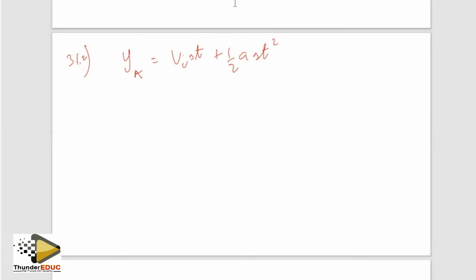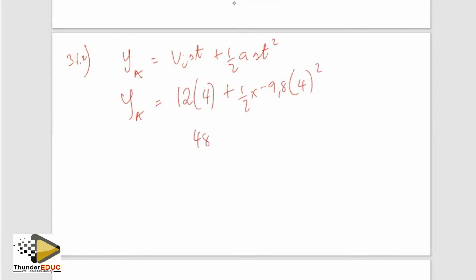Initially it is 12, the time is 4 seconds, plus a half times negative 9.8 multiplied by 4 squared.